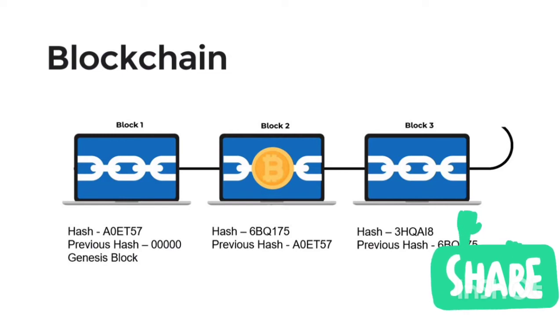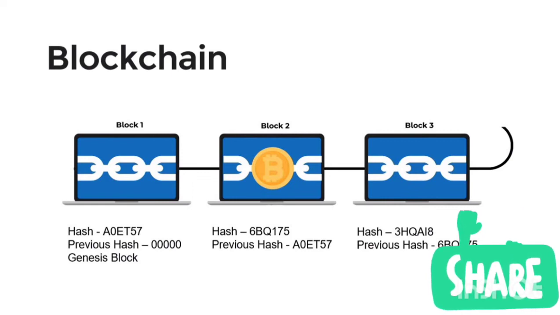But using hashes is not enough to prevent tampering. Computers these days are very fast and can calculate hundreds of thousands of hashes per second. You could effectively tamper with a block and recalculate all the hashes of other blocks to make your blockchain valid again. So to mitigate this problem, blockchains have something called proof of work.